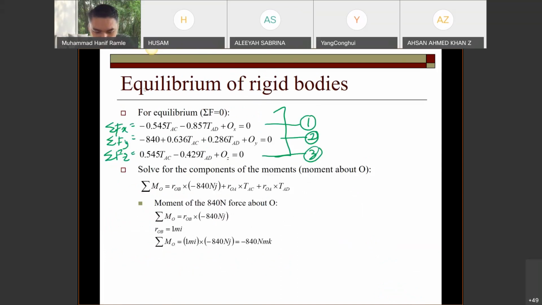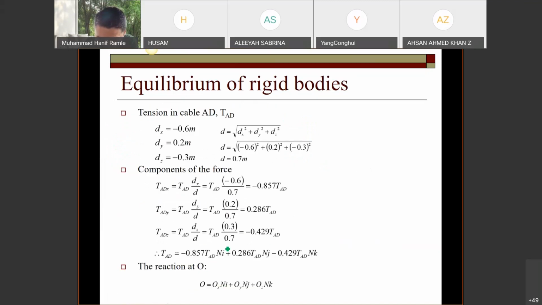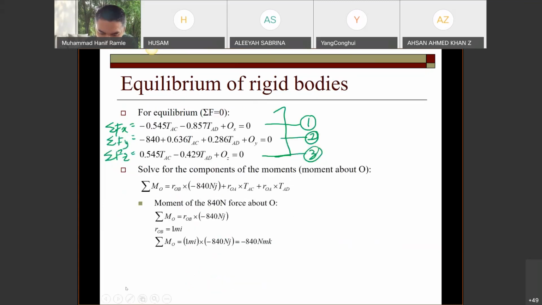So Fx is from the x component. This, plus this one, plus this one, you will get this one.